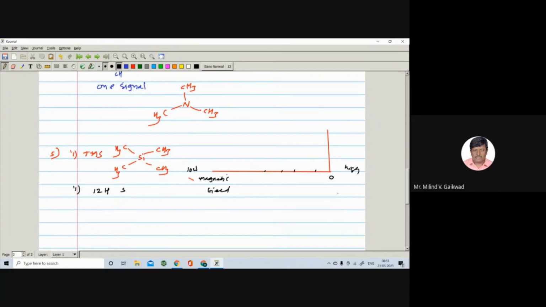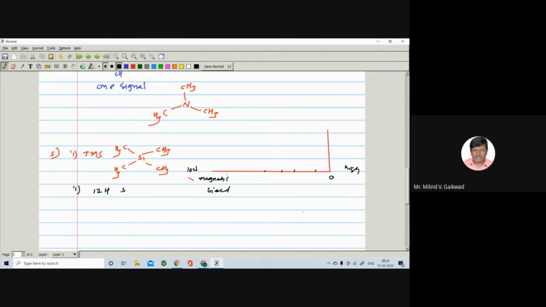And again, the boiling point of this TMS is very, very low, right? So suppose you want to take the spectra, then we have to dissolve the compound in a solvent. And of course, TMS is itself also a solvent, so most organic compounds get dissolved, meaning there is no need to use some other solvent. When it is dissolved in the TMS, due to 12 hydrogens you get the singlet.